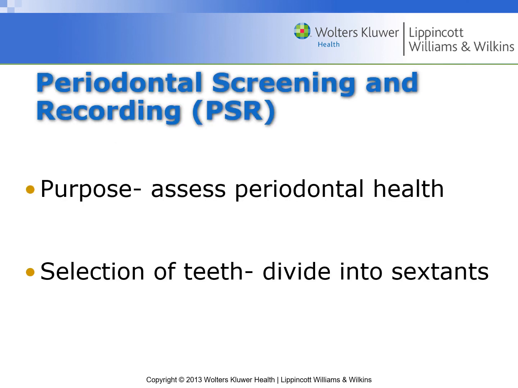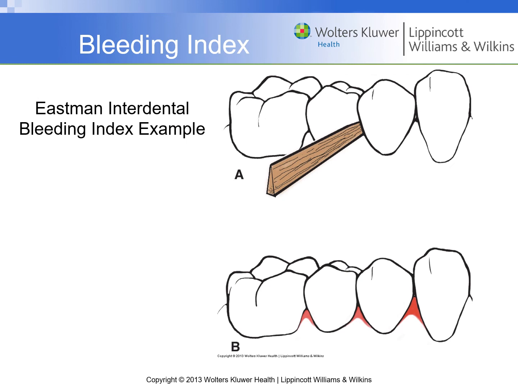A periodontal screening and recording, that's what the PSR stands for. So it's going to assess the periodontal health. Once again, they divide the teeth into sextants. There's a bleeding index. One is by Eastman, the Interdental bleeding index. They will take a little wooden wedge that you soften with saliva at the very tip.